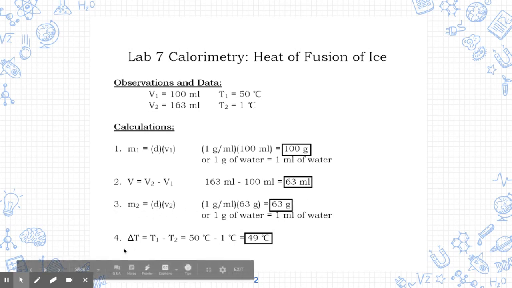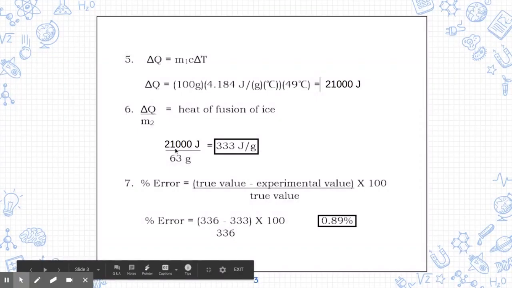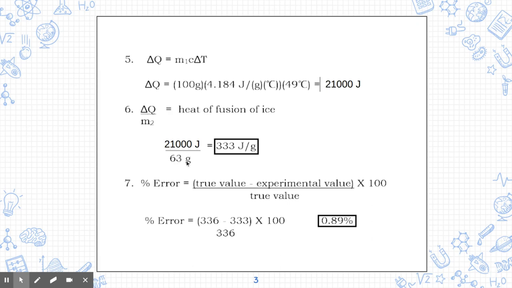So I took 21,000 joules divided by 63, and I got 333 joules per gram. This is how much heat is needed to melt 1 gram of water. So this is your heat of fusion of ice.